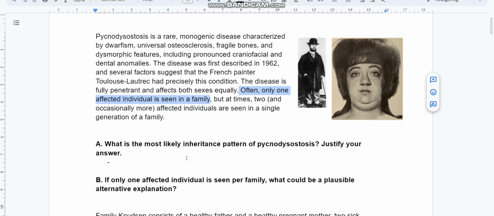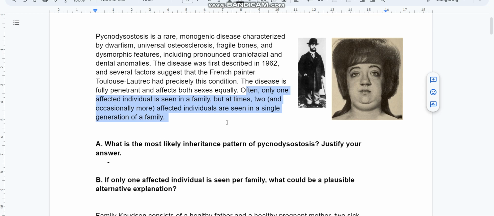It can also not be Y-linked, because remember, in Y-linked only males can have the expressed phenotype. But here they say that this affects both sexes equally. So it cannot be Y-linked. We can also exclude dominant altogether, because right here they're saying that typically only one affected individual is seen in a family, so one individual in a single generation of a family.